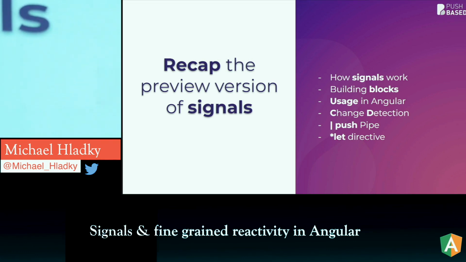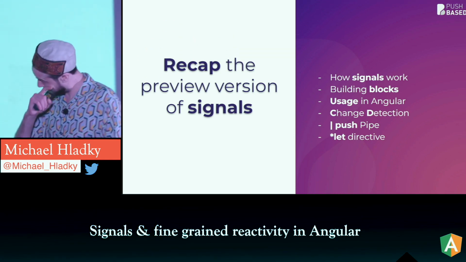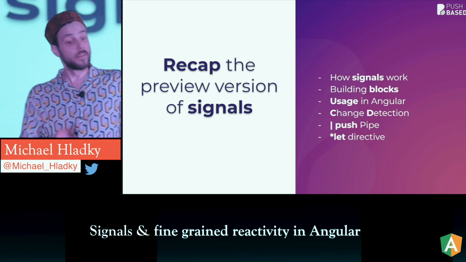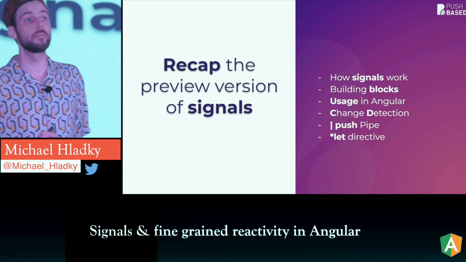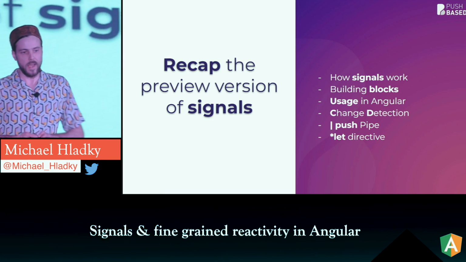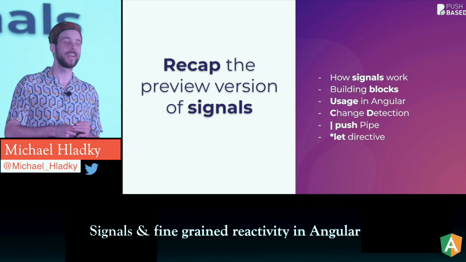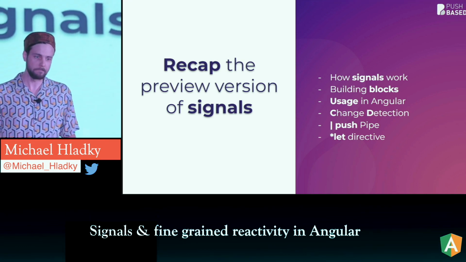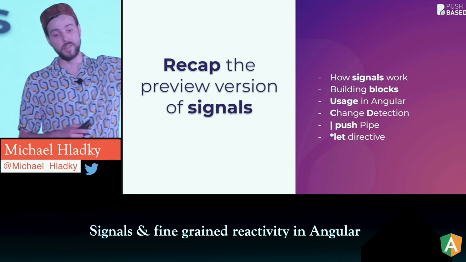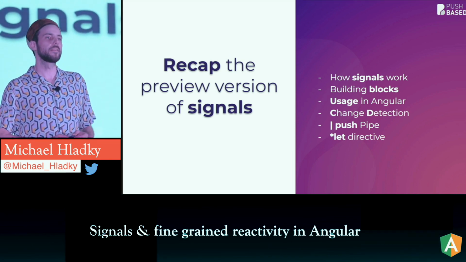I showed you pretty cool implementations in Angular, pipes and directives, and how you can run change detection based on that. This change detection that I demonstrated here, by the way, will not really scale in a big application, but RxAngular has a couple of optimizations on top so that it scales. It's just too much code to demo. I demoed change detection with two different pieces here, with the push pipe and the let directive.